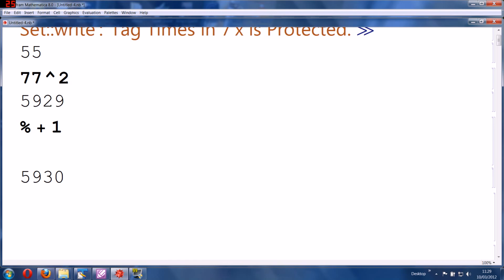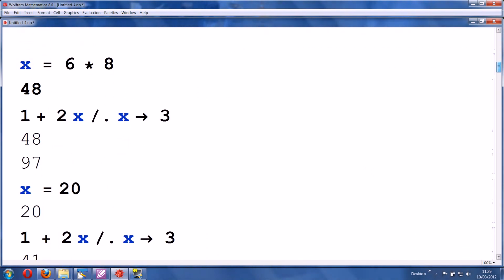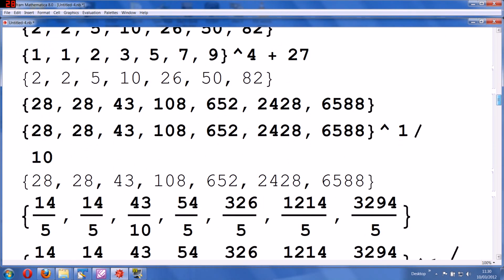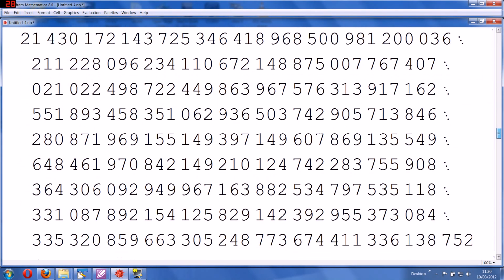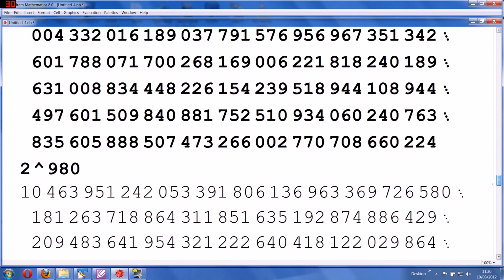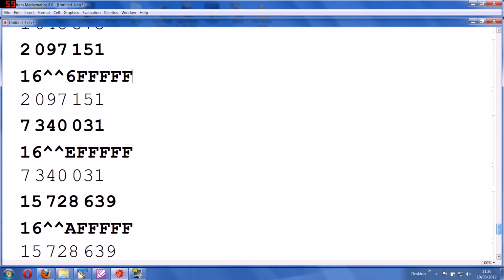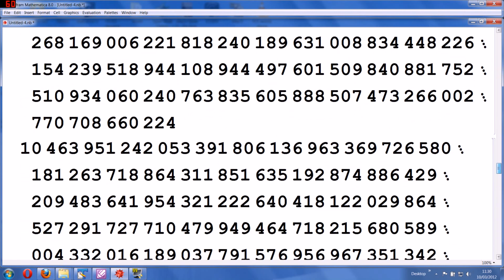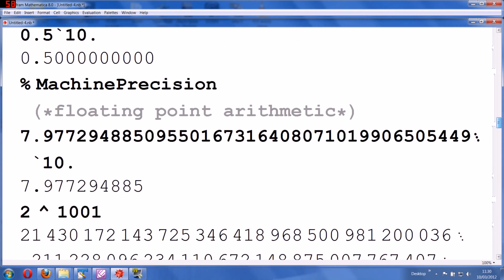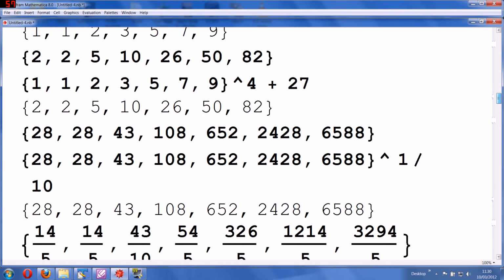Sequences of operations. You probably noticed that in earlier stuff. Where did I do a sequence of operations? When I listed the variables, we put a semicolon between each. Can't actually find it there.